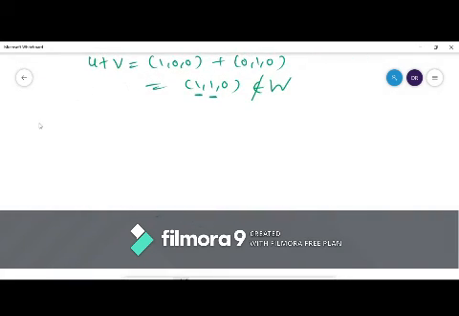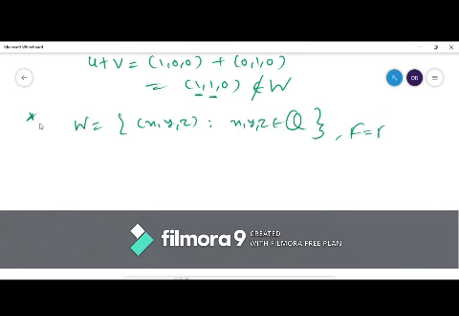Next we have another example. Let W is equal to (x, y, z) where x, y, z belong to Q, where Q is the set of rational numbers. Check whether this is a subspace or not, over the field of scalars F, the set of real numbers.